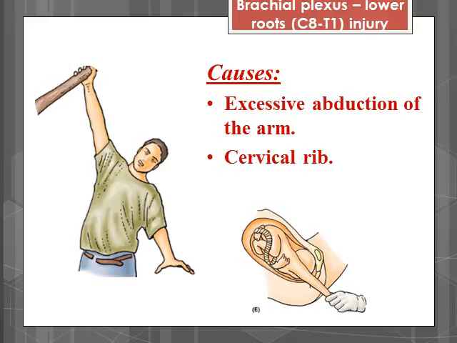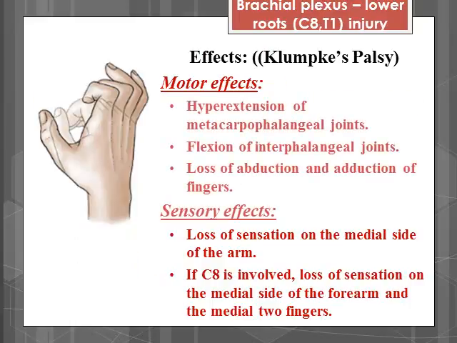The most common causes are excessive traction on the upper limb during difficult delivery and cervical rib. Injury of the lower root of the brachial plexus involves mainly T1, but C8 may also be involved.